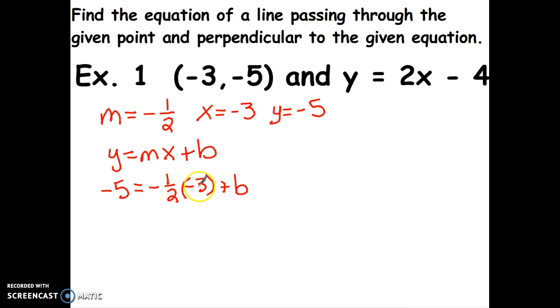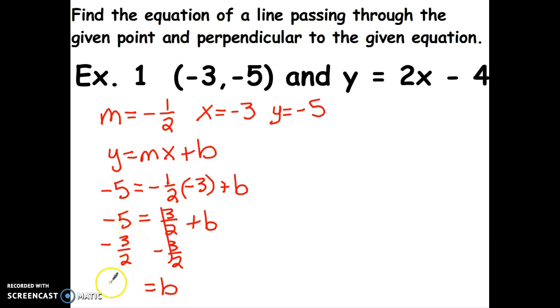All right, and so we end up getting 3 over 2 plus b. Now to solve for b, of course, you need to subtract 3 over 2. All right, and then when you put this in your calculator, negative 5 minus 3 over 2, you should get negative 13 over 2.